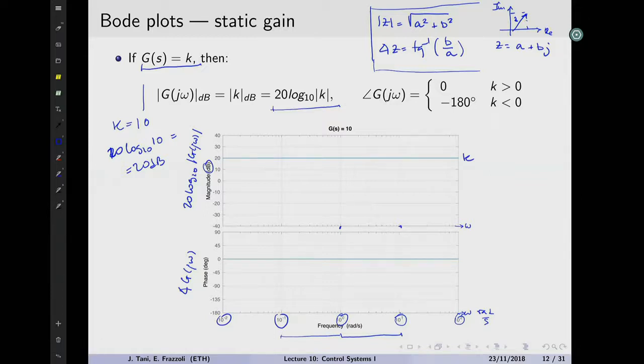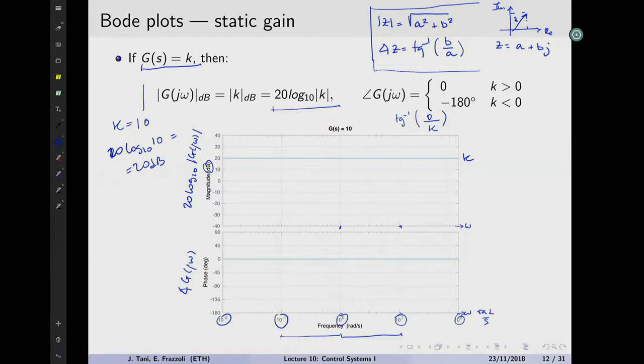What about the phase? The phase is equal to the inverse tangent of the imaginary part over the real part. But k doesn't have an imaginary part, because we're assuming k is, for example, a feedback gain, and it's a real number. The real part is k. So this is 0 over k, which is a weird way of saying 0.